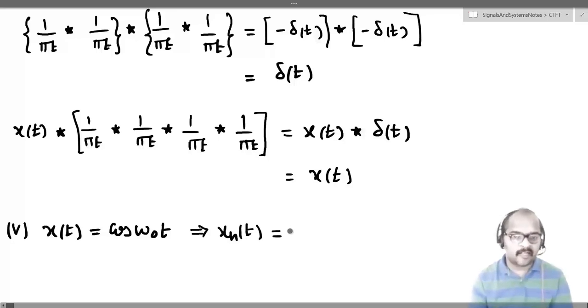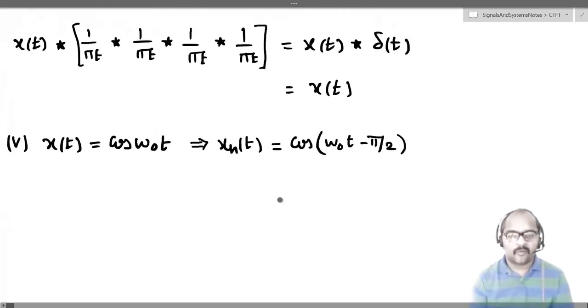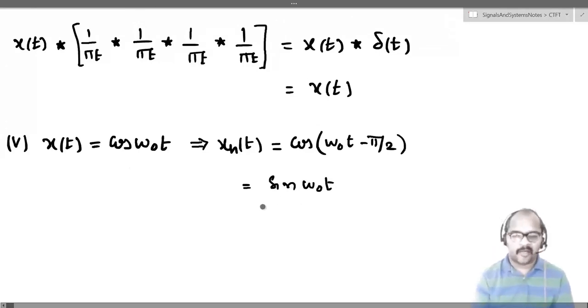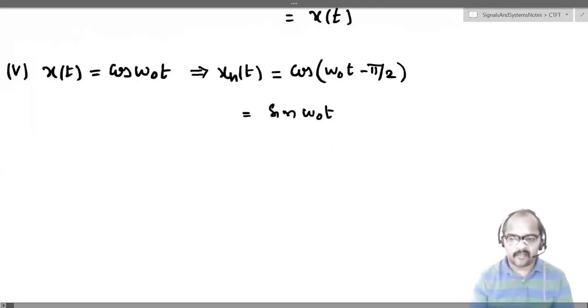It introduces 90 degrees phase shift, minus 90 degrees. So this should give you sine omega naught t. So Hilbert transform of cos omega naught t is sine omega naught t. So let us see this in a more formal way.